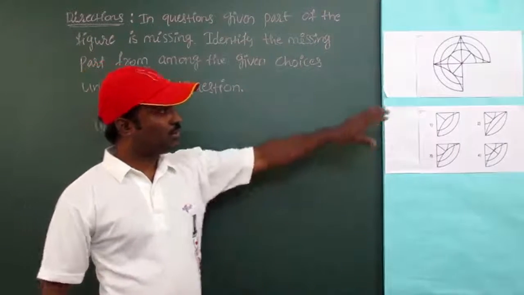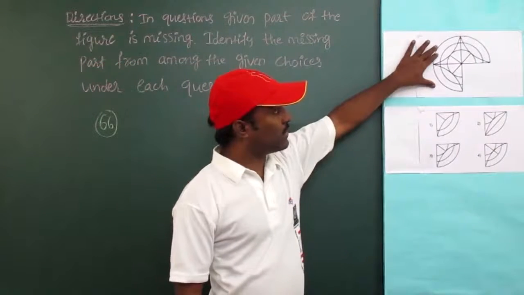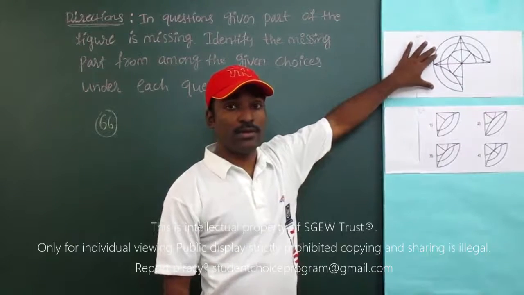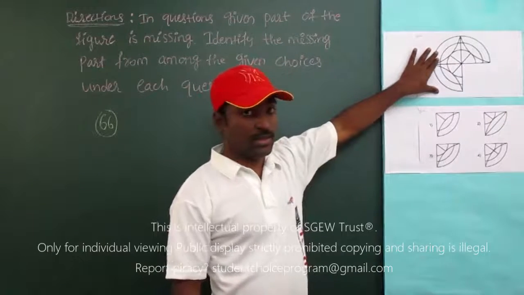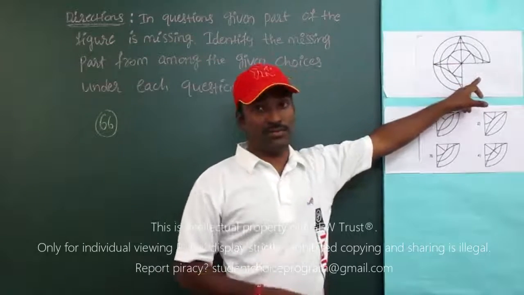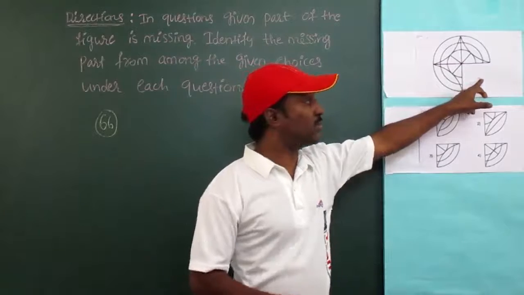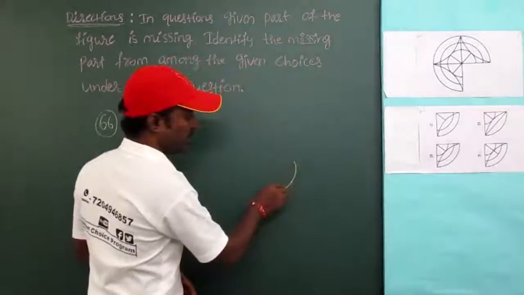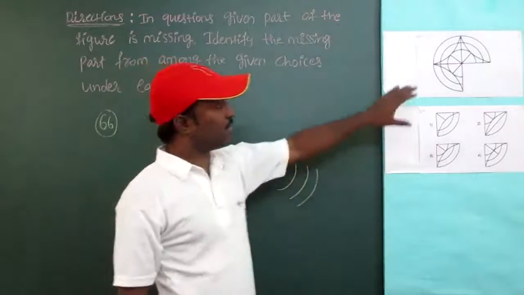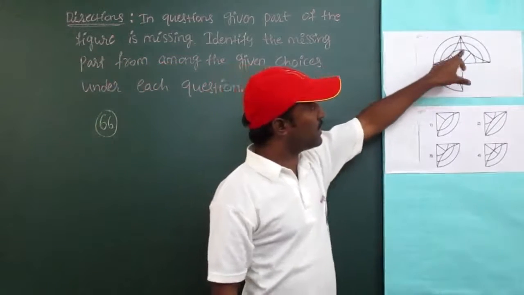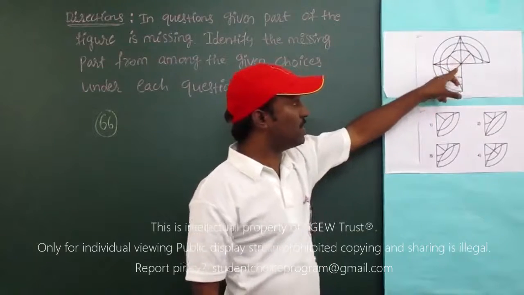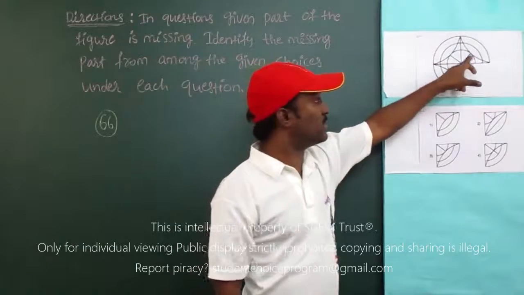Now, if you observe this, you are going to get an idea that this figure is formed by 3 circles. That means this portion needs 3 curves, and the 3 curves should be like this. And if you observe carefully, the inside circle has a diagonal drawn.